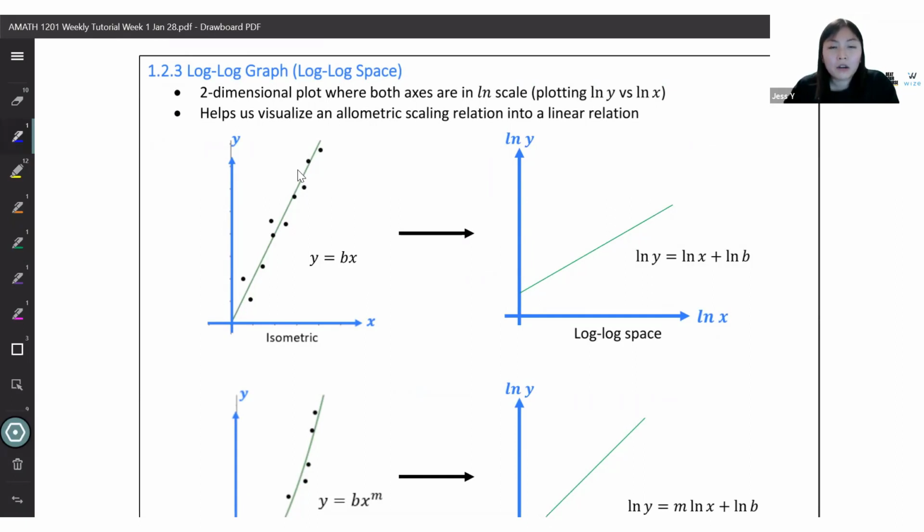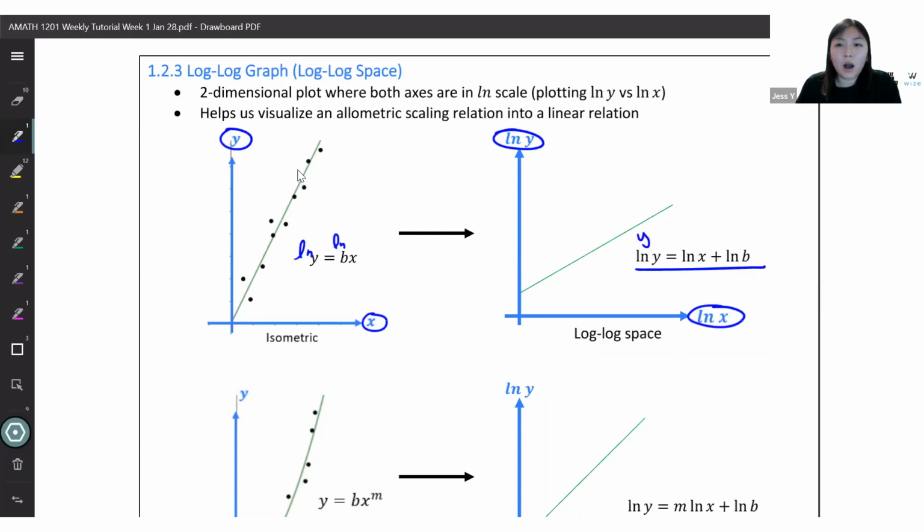So again, a log-log graph or log-log space is just a two-dimensional plot where instead of our axes being x and y like this, we now have our axes being ln x and ln y. So remember our trick, we take the ln of both sides, so ln y equals ln bx, and then we can split it up using our ln rules, and it becomes this guy.